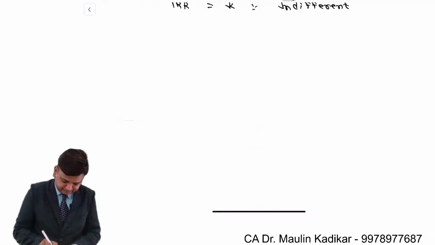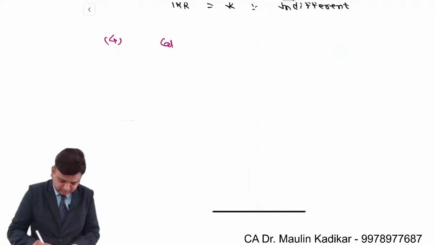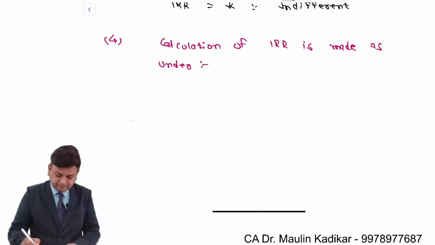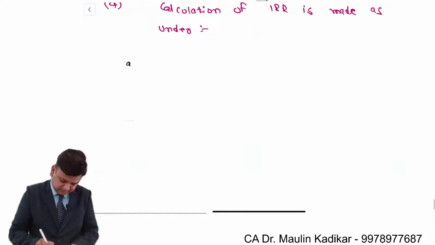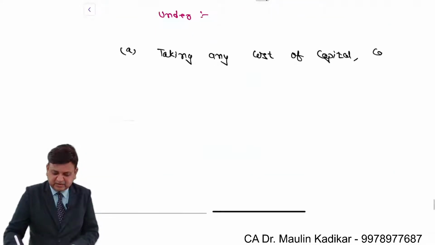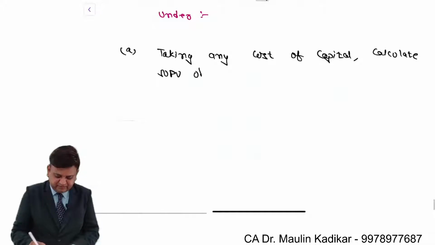Fourth point, calculation of IRR is made as under. In that, write down A, taking any cost of capital, calculate NPV of the project.